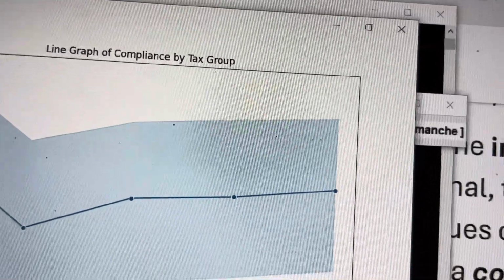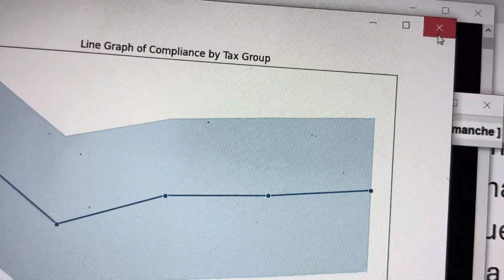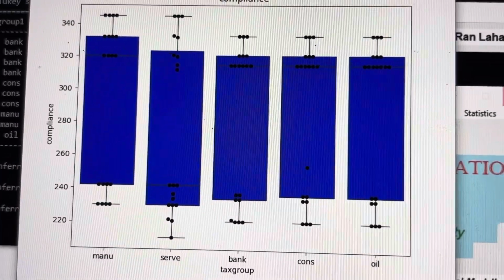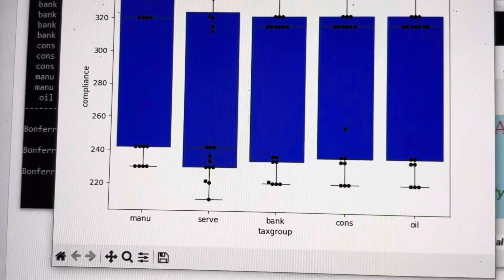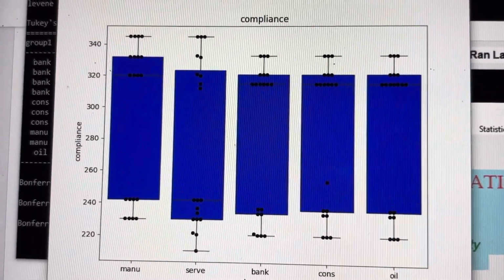So now, let us look at other graphs that were produced by RMA. Yeah, this is the box plot. Manufacturing is also still higher than others.